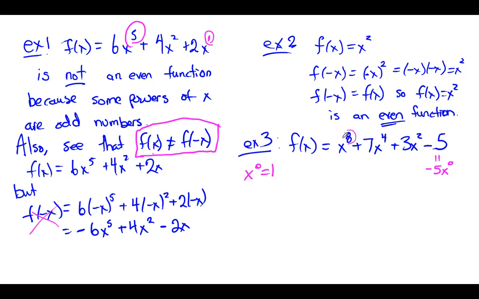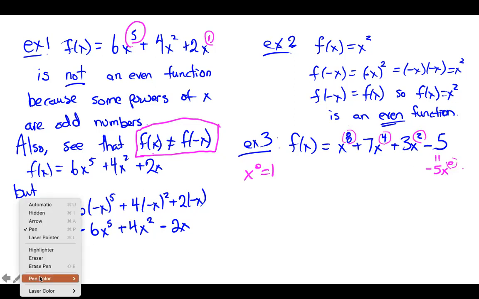So these are all, 8 is even, 4 is even, 2 is even, and this 0 is even. So it's an even function.